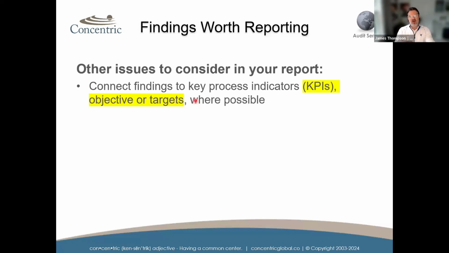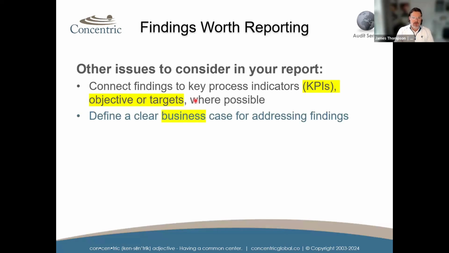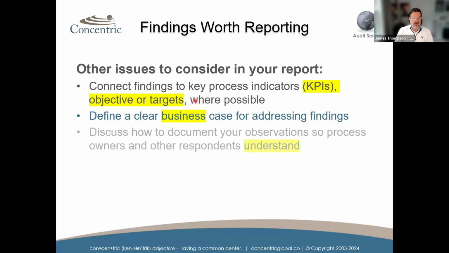So what you're finding is connected specifically to metrics for parts per million customer complaints or number of dollars rejected or whatever it is. So you want to make that connection. Define a clear business case for addressing the findings. Who wants to leave a gap if that gap is resulting in tens of thousands or hundreds of thousands of dollars in lost revenue every month?